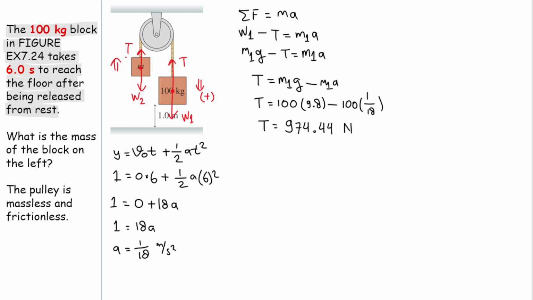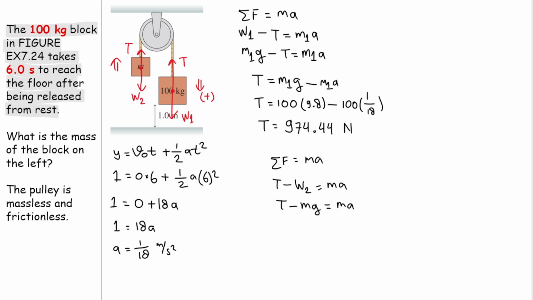And I can apply Newton's second law to this smaller block. So I will have sigma F is equal to the mass times acceleration once again. And for this one, the positive one is T because the direction of movement is going up. So I will have T here, and then it is opposed by this weight number 2. So T minus weight number 2, that will be mg, and that will equal the mass times acceleration.